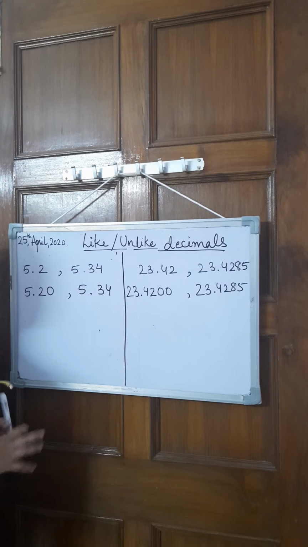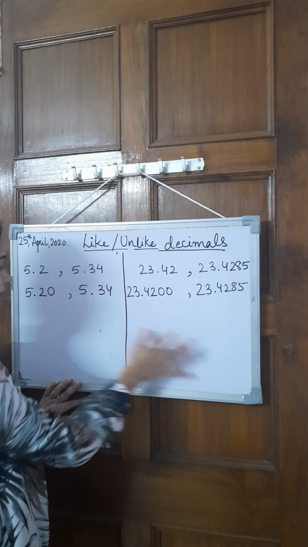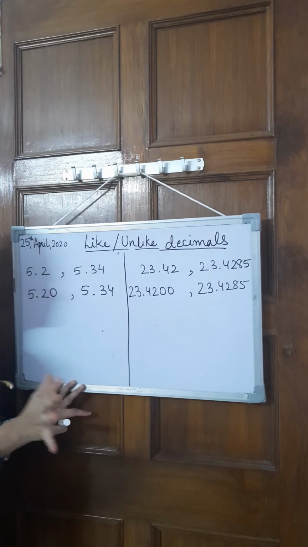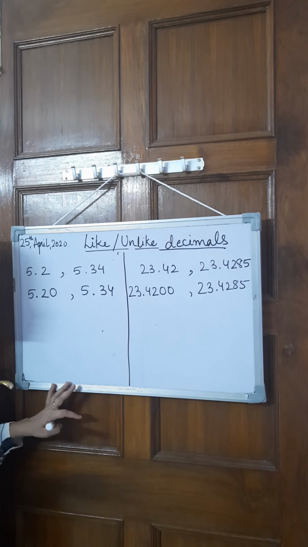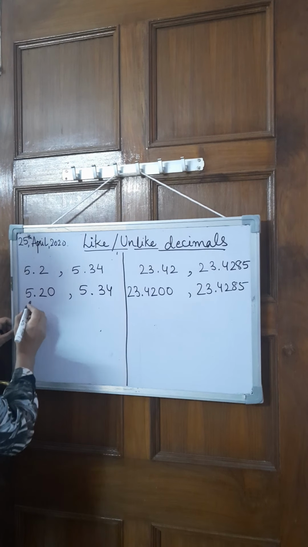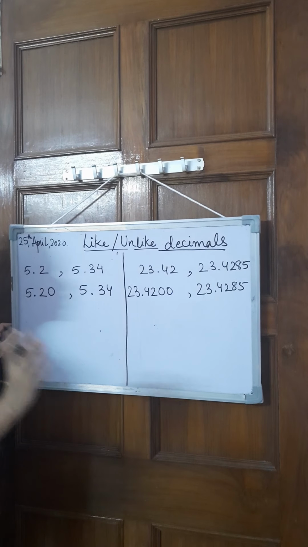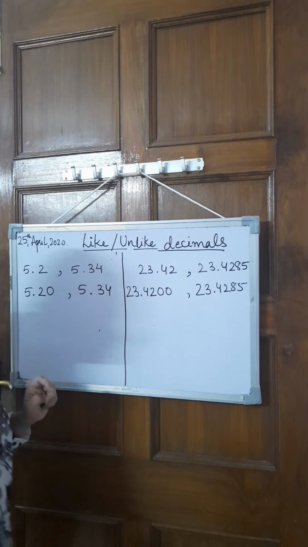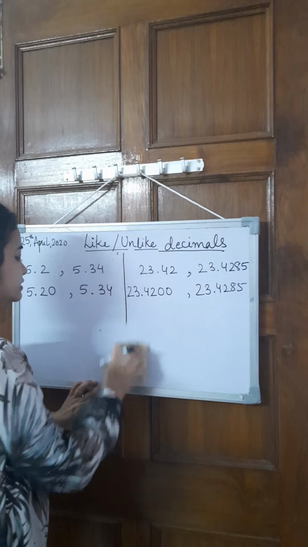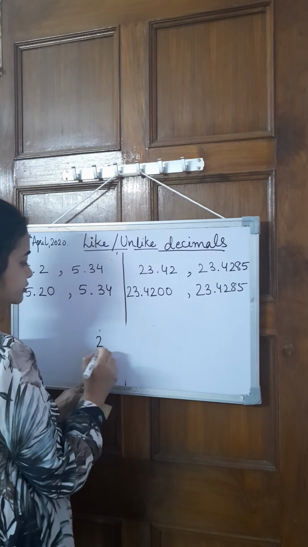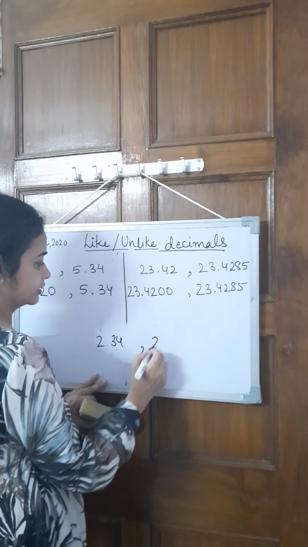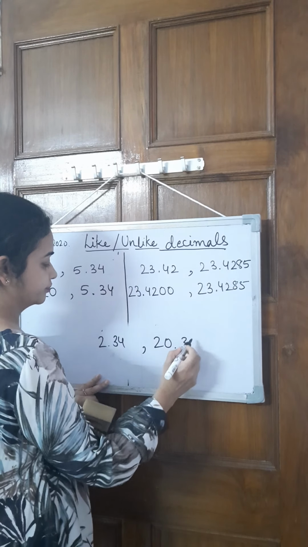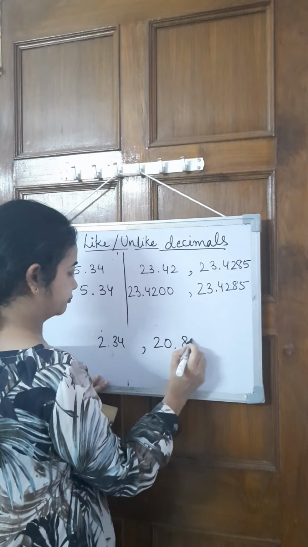Whenever you compare, we'll take the same example. Whenever you compare decimal numbers, you first compare the whole part. Suppose I give you the decimal numbers 2.34 and 20.385.